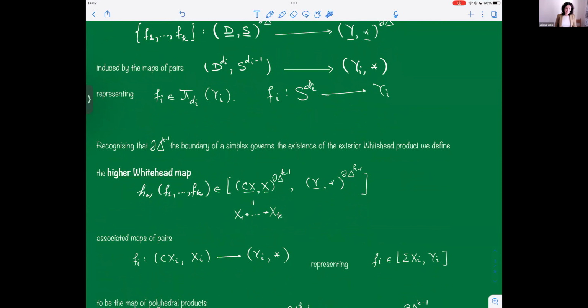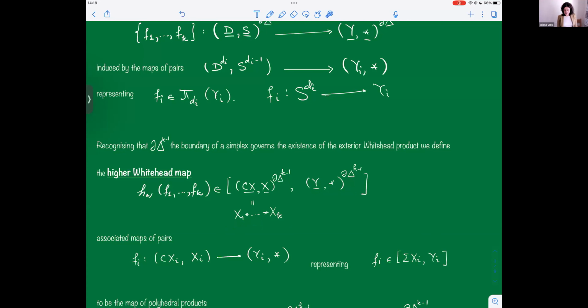So having that in mind, we define the higher Whitehead map, so not higher Whitehead products, but a higher Whitehead map, as a map that sits in the homotopy classes of maps between the join of the X_i's into some polyhedral product of Y_i's.